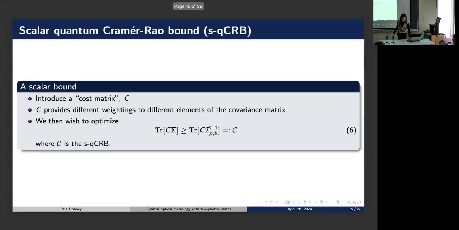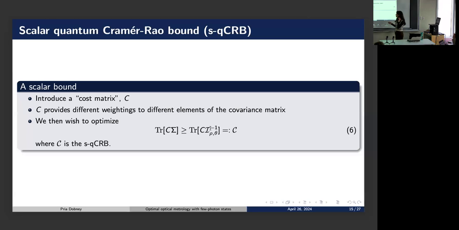In order to conveniently be able to optimize this bound, we have to convert it from a matrix inequality to a scalar inequality. We do this by using what we call a cost matrix. It basically weights each element of the covariance matrix according to a choice that you can make.